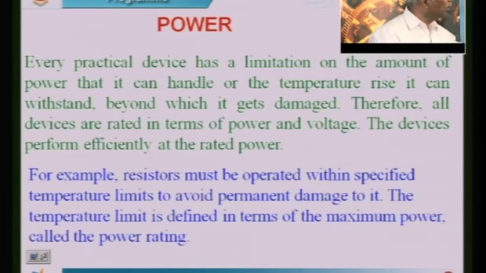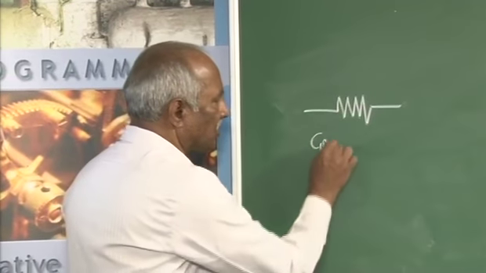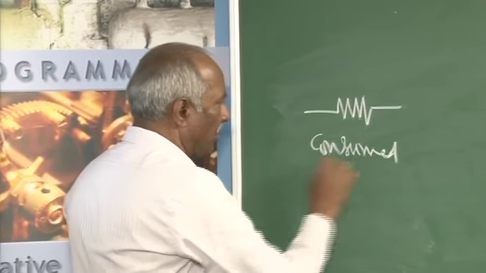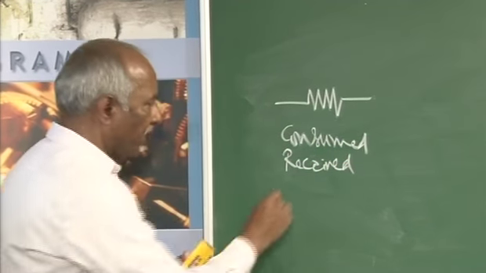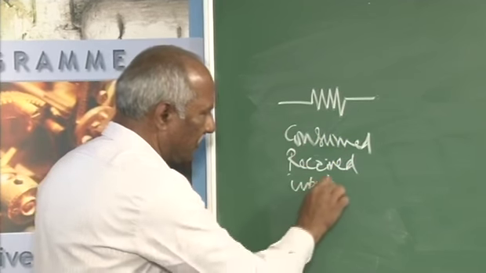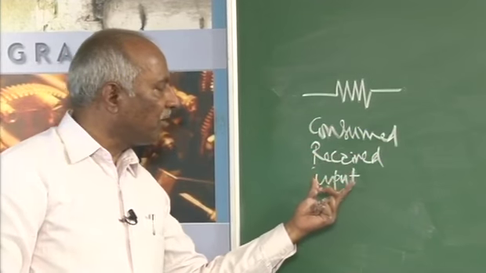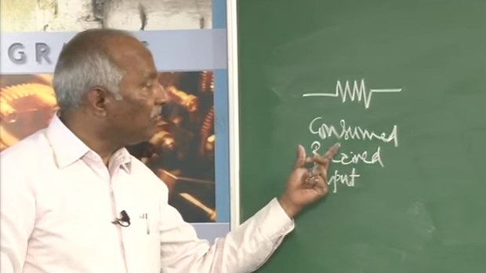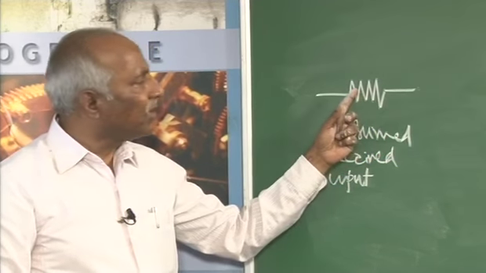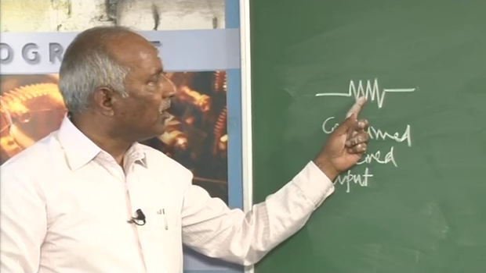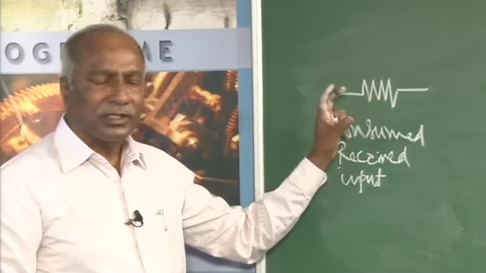As the power consumed by the resistor, the power received or input to the resistor, goes on increasing, the heat developed in the resistor also goes on increasing. If the heat developed is more, the heat will destroy the resistor. Therefore, they are to be operated within certain limits only.